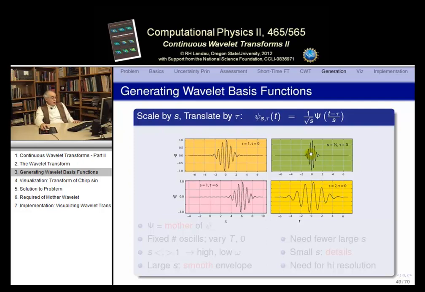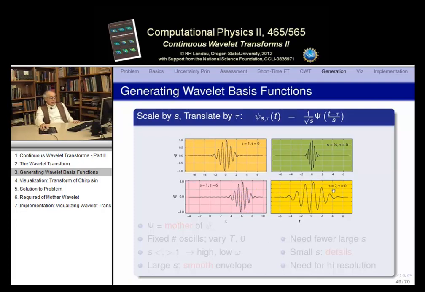Very neat. Or we could take the same wavelet, not change the scale at all, but just evaluate it at a tau value here of 6 rather than 0. That just translates it so its peak is centered at 6. Or we could do both.